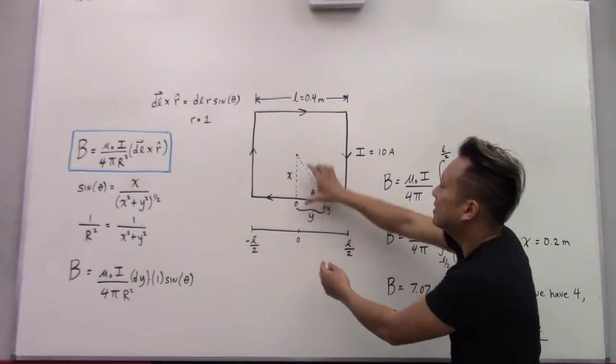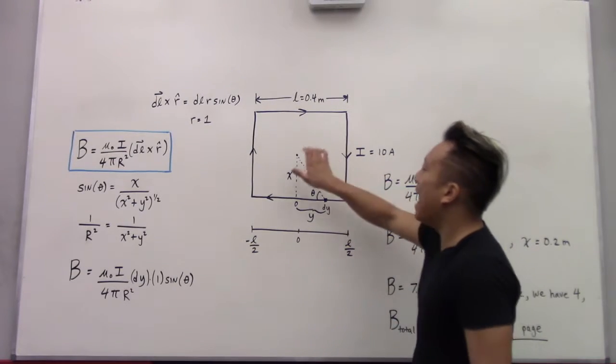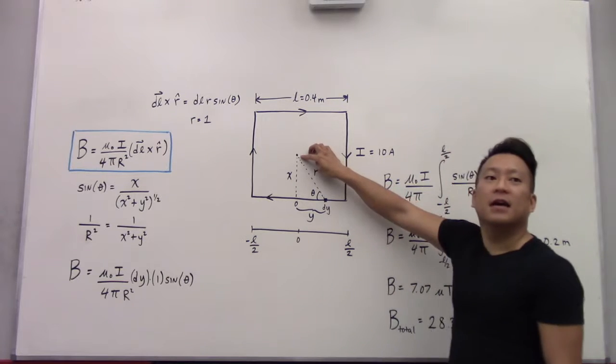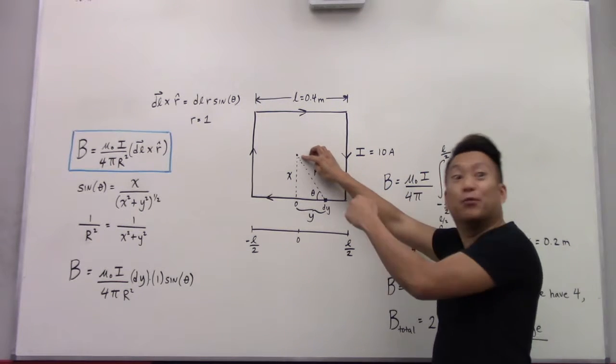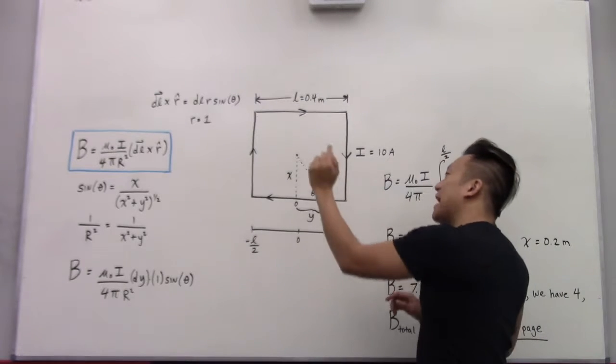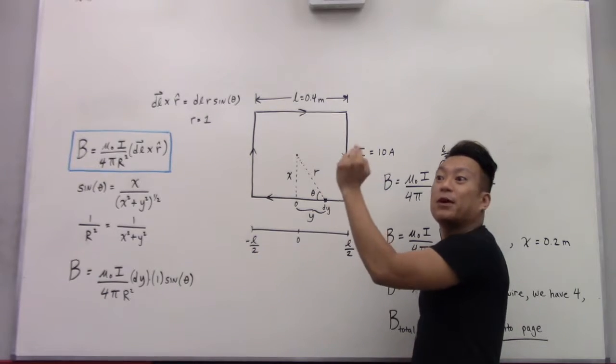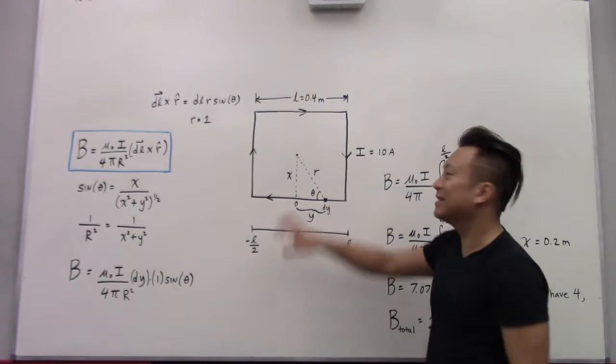At a distance x, it makes a circle going into the board. So at this point, it's pointing inwards. It's a circle, and at that tangent point, it's pointing in. You see that, guys? So it goes in.